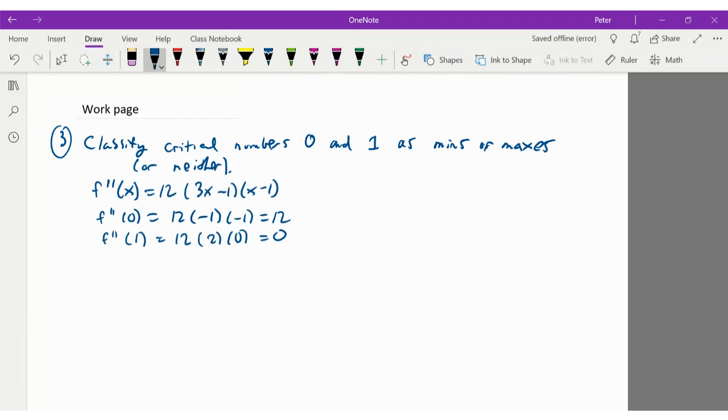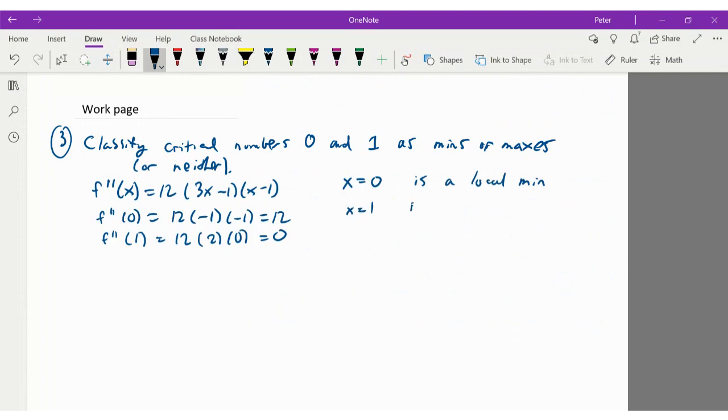So the second derivative test was conclusive as to x equals 0. We can say that x equals 0, since concavity is positive, is a local min.